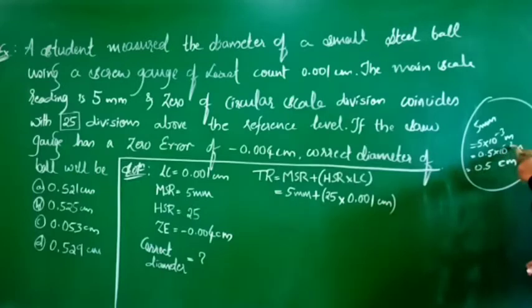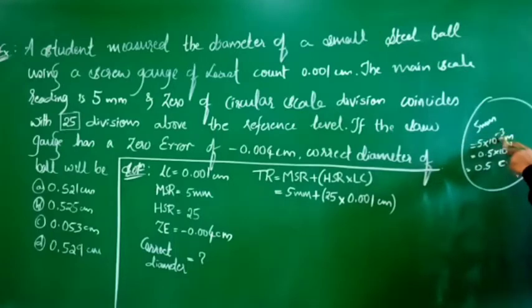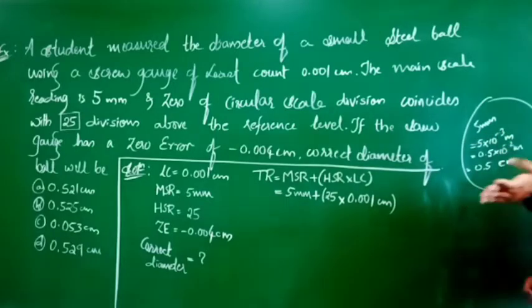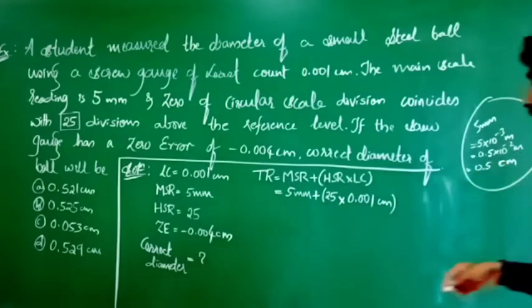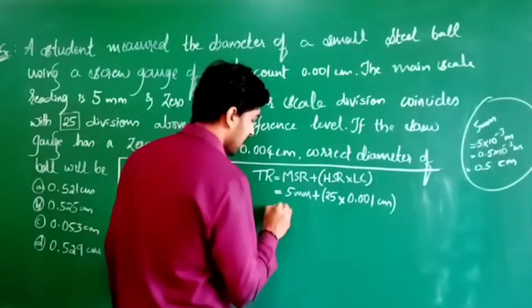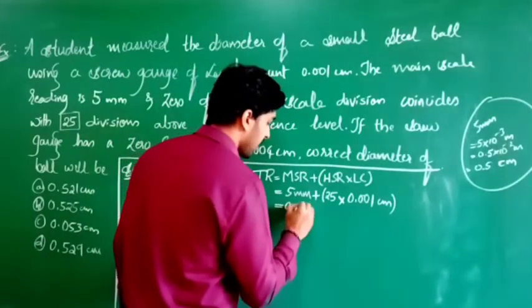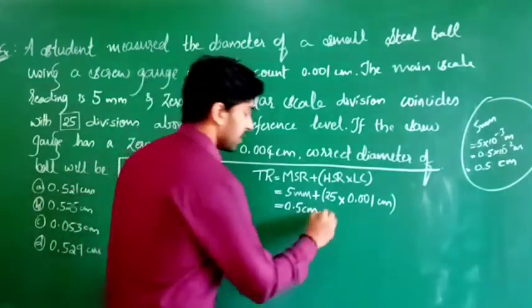Clear? The decimal I had shifted to the left side. The power of 10, this minus 3 on the number line, will shift to the right side, in the opposite manner. So 0.5 centimeter. So in place of 5 millimeter, I can write 0.5 centimeter. Correct?